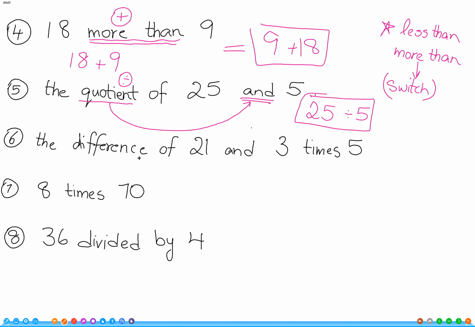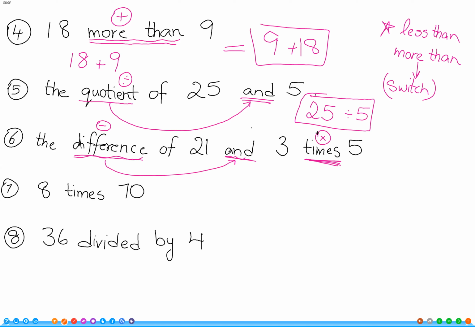The difference of 21 and 3 times 5. So in this example, the word difference means minus, and the "and" is where our minus would go. And we have the word times, which means multiplication.